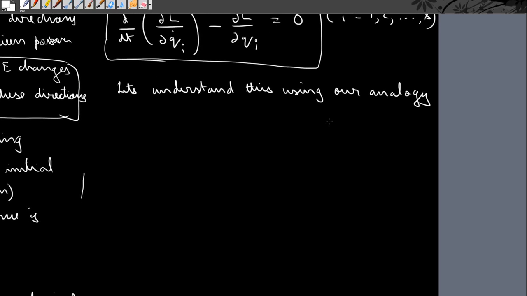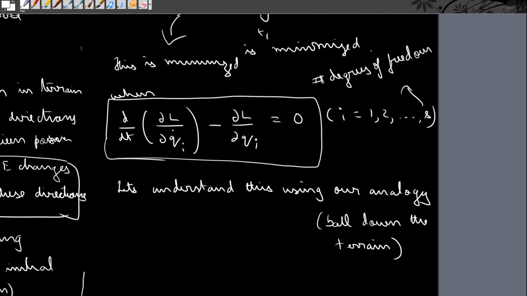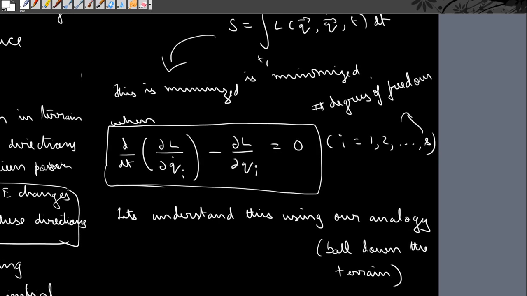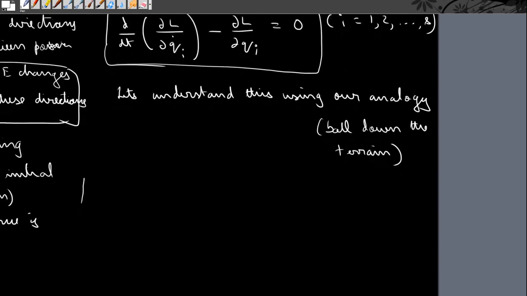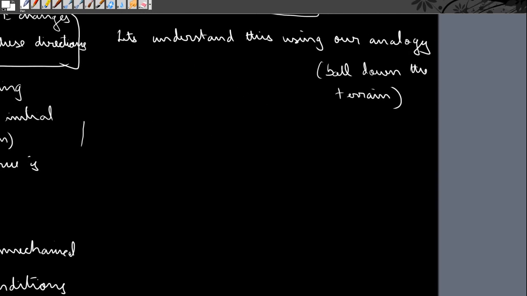So this was that ball down the terrain. So how do we connect this to the analogy? As we make the connection, this argument will become more clear. So the connection or the analogy is as follows.